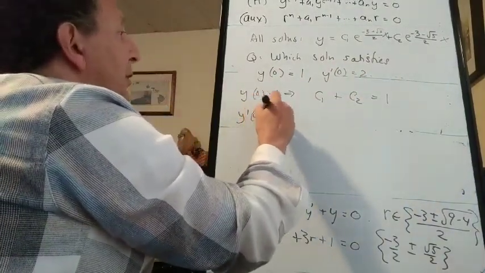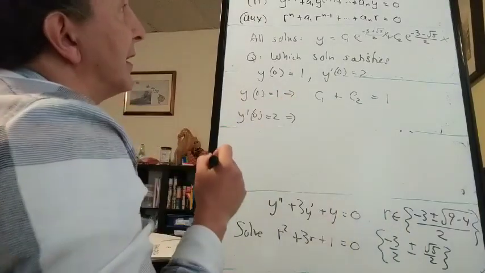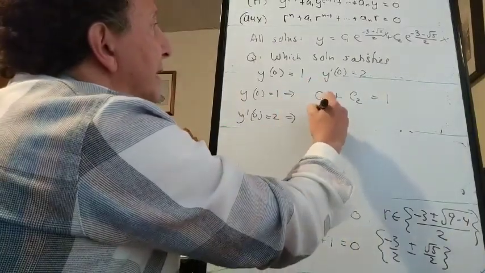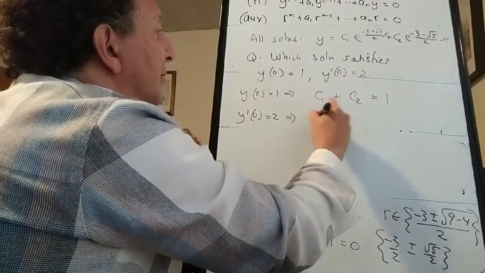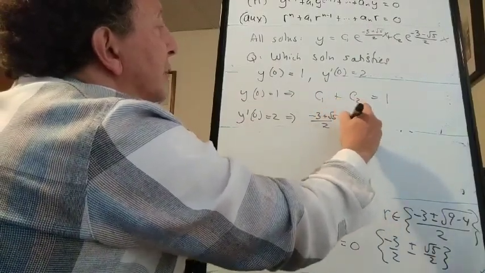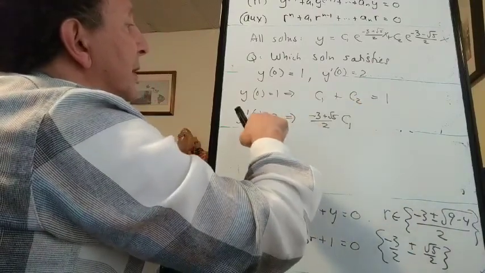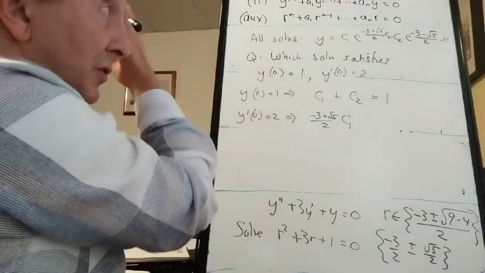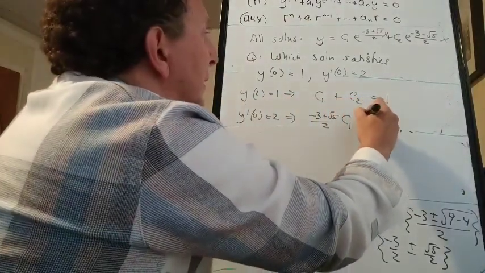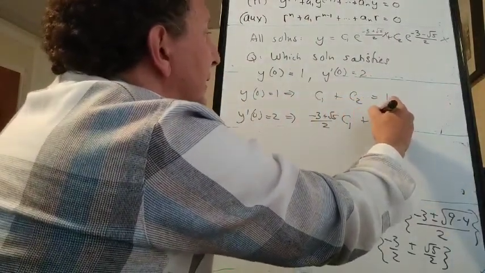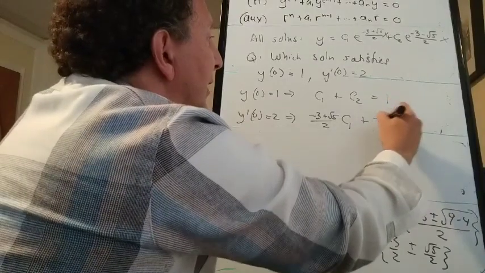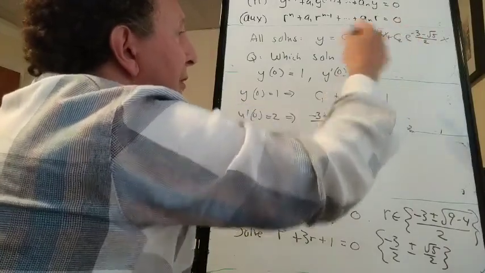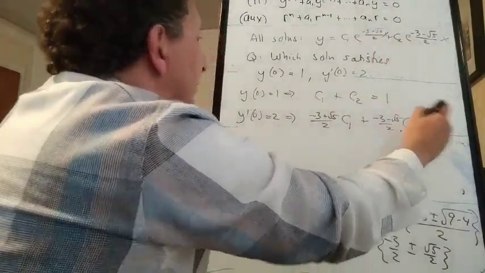Y prime of 0 equals 2 implies that y prime of 0 is negative 3 plus root 5 over 2 c1, times e to the something times 0, which is e to the 0, which is just 1, plus negative 3 minus root 5 over 2 c2 e to the 0, which is 1. So that equals 2.